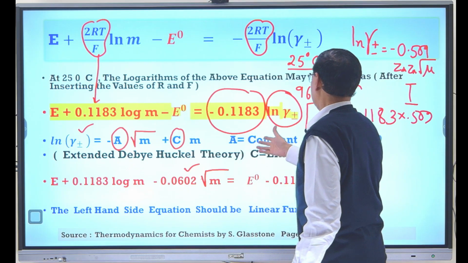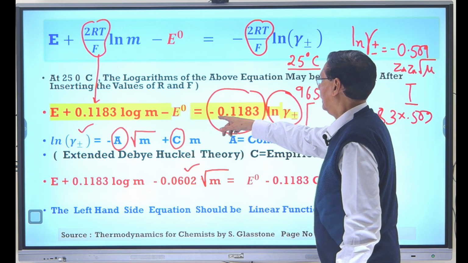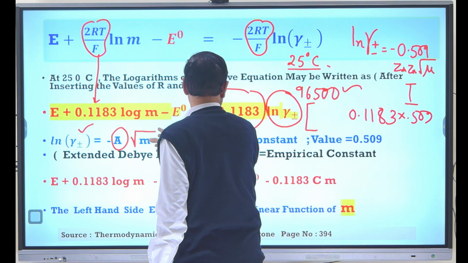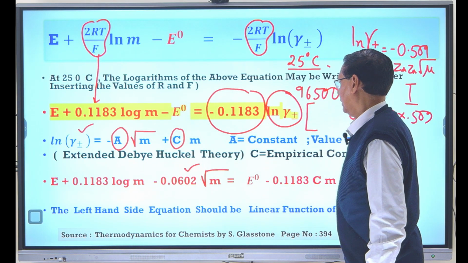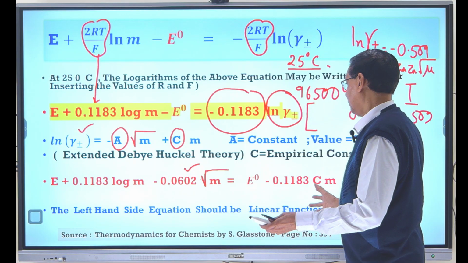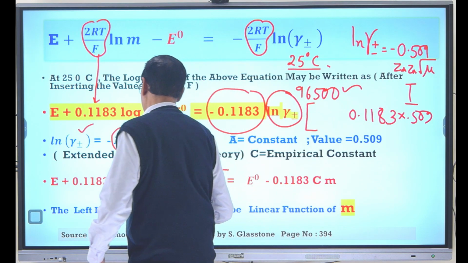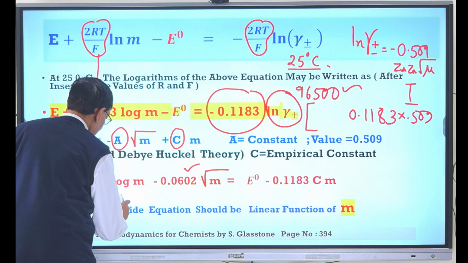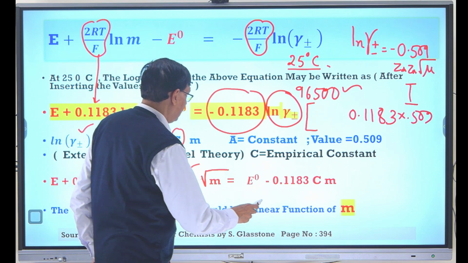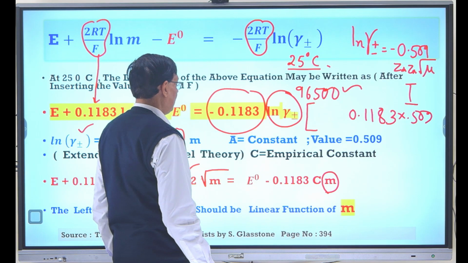And as it is, same thing, E0, like that. I have just, why is it negative? Because I just changed it here. So now, since the system is very simple, if I plot a graph between this y complete and the concentration of this, y is equal to mx plus c.